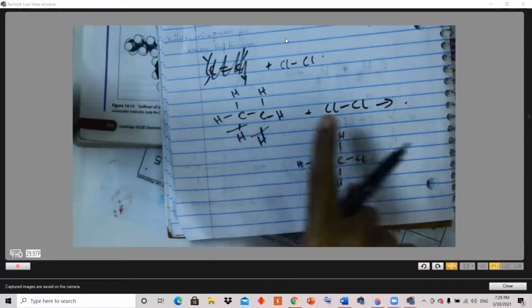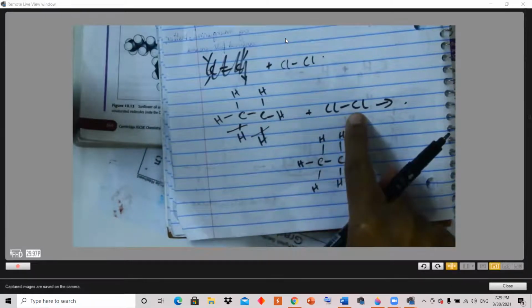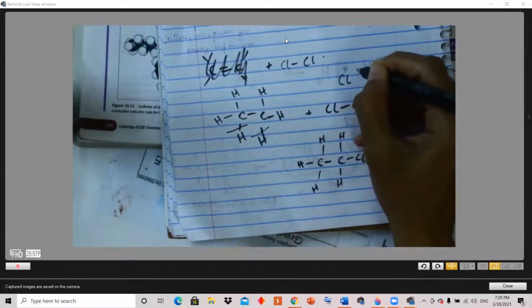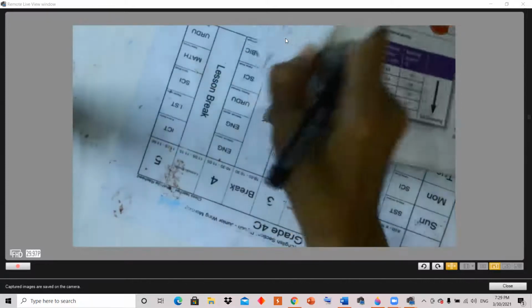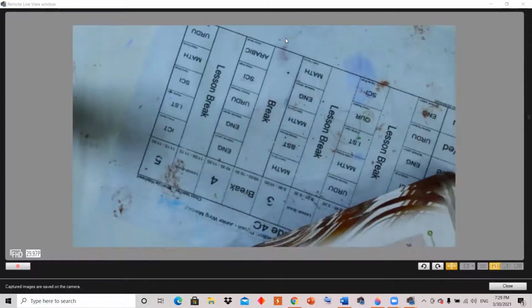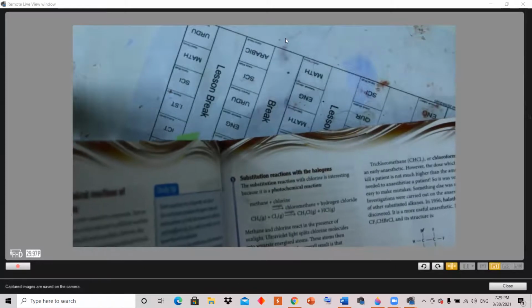This is ethane reacting with chlorine. Also show chlorine free radicals. Free radicals are shown this way. They have shown it here. Oh, no, they did not.